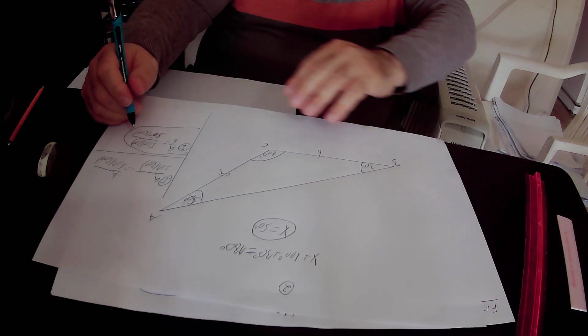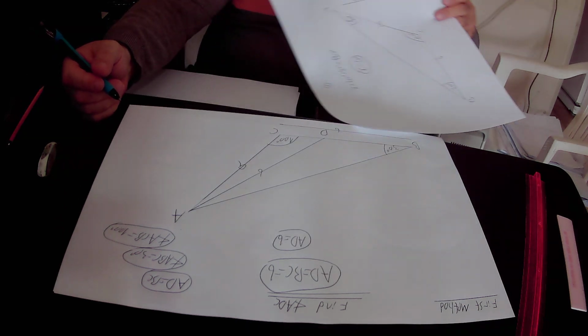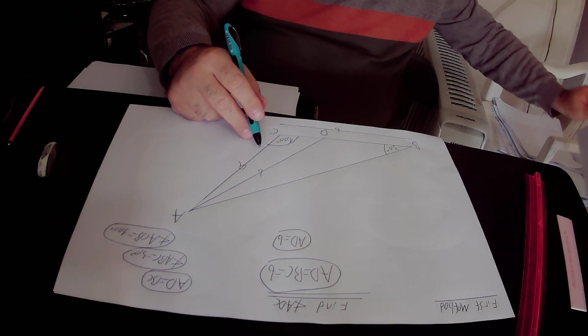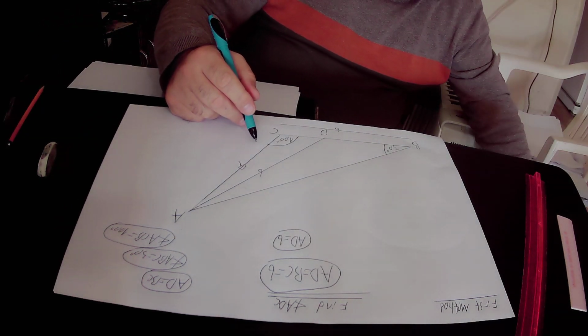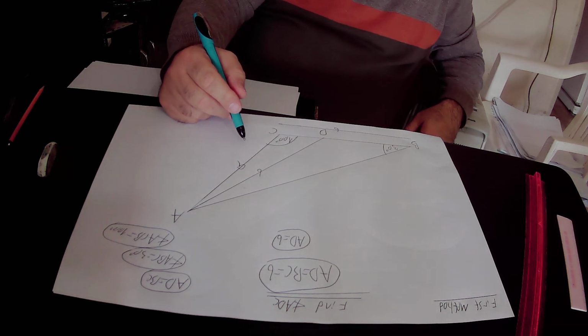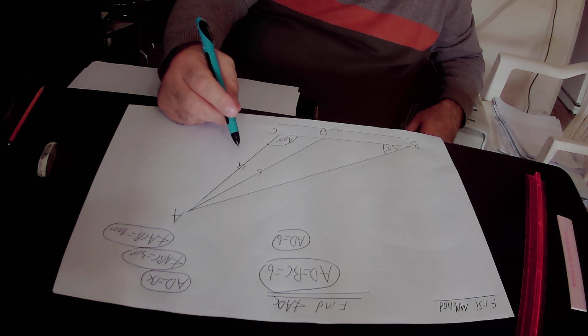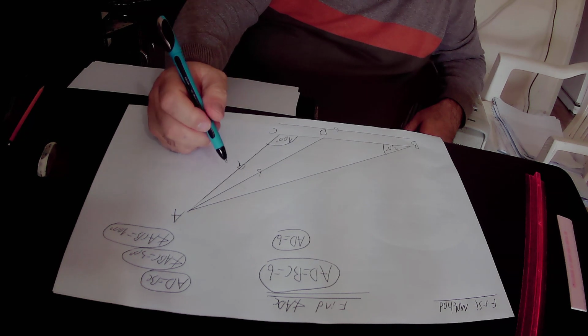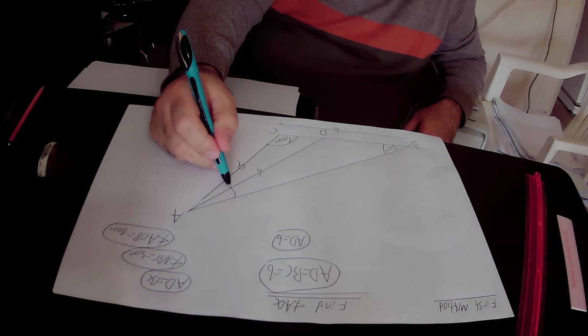In the next step, we will focus on triangle ADC, this triangle. First of all, we've already found that angle BAC equals 50 degrees.